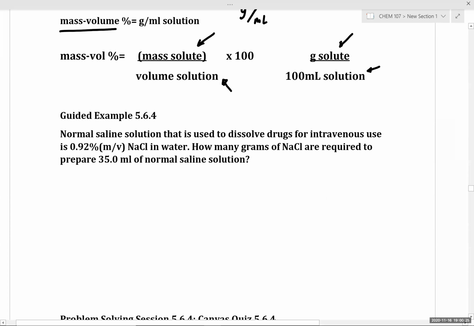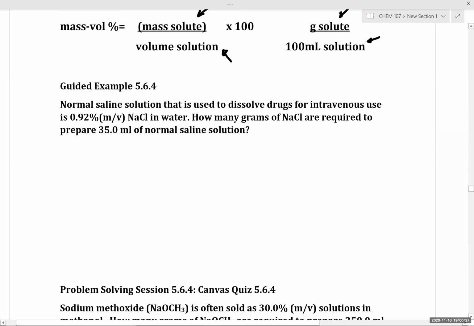So let's look at an example. A normal saline solution is often a 0.92% mass over volume solution of sodium chloride in water. And we're asked how many grams of sodium chloride are required to prepare 35 milliliters of saline solution.